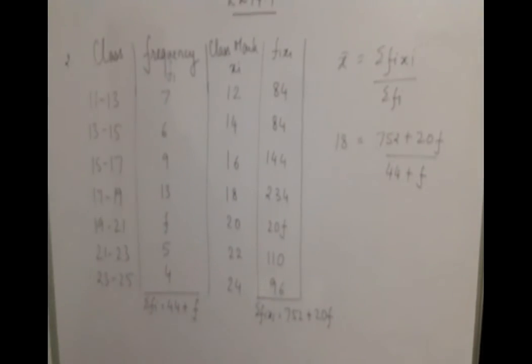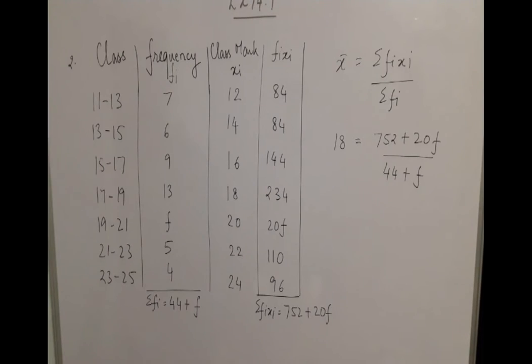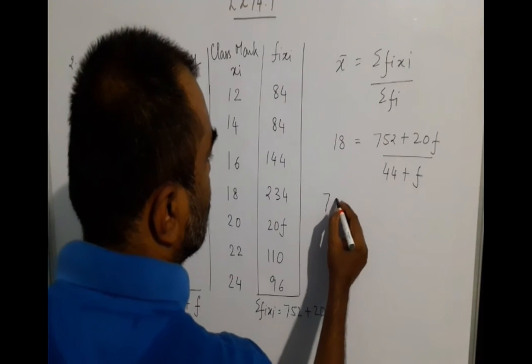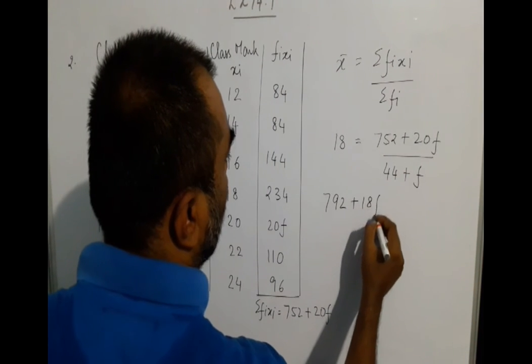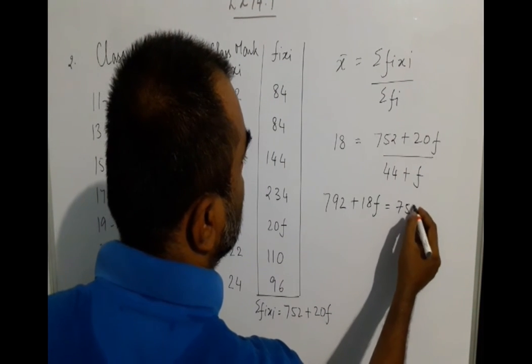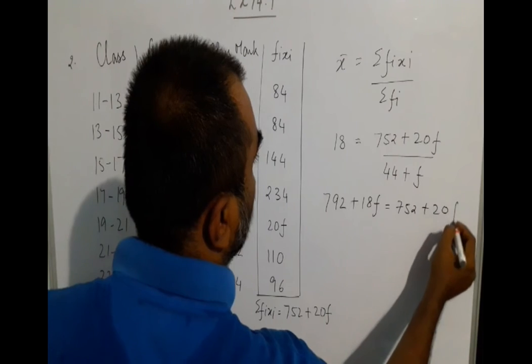Now what do we do next? For the next step, what will we do now? We will take this over here. So what is 18 into 44? 18 into 44 is 792. f into 18 is 18f, equal to 752 plus 20f.